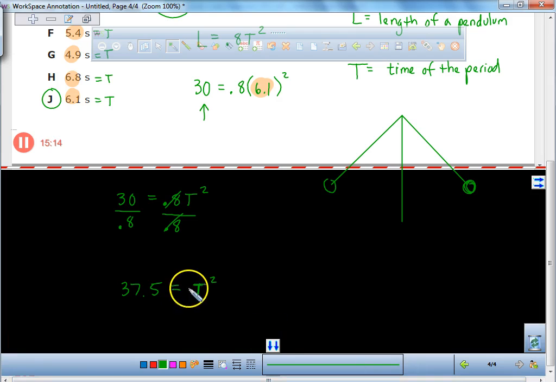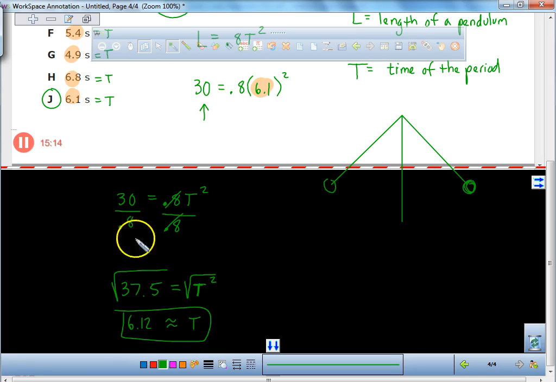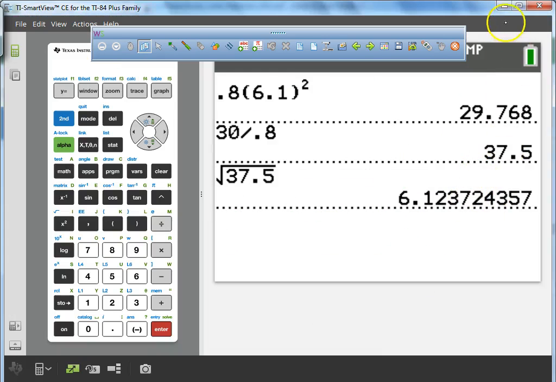All right? So how do you solve this? You don't divide. You take what's called the square root of both sides. And that's where we got that 6.12, which is approximately equal to T, which is this answer right there. So when you have to go from something squared to something that's not squared, you have to use what symbol? The square root. And that's how you do it. All right, moving on.